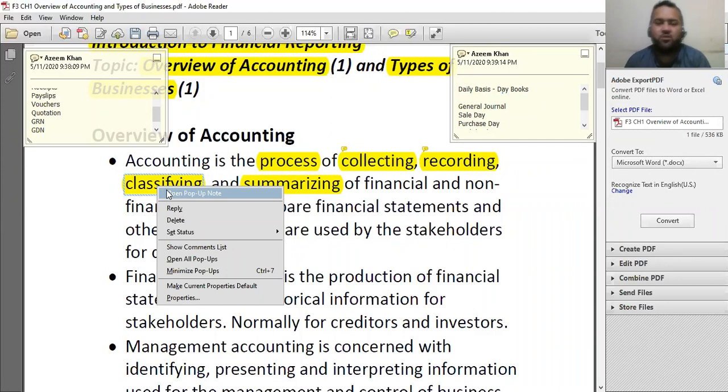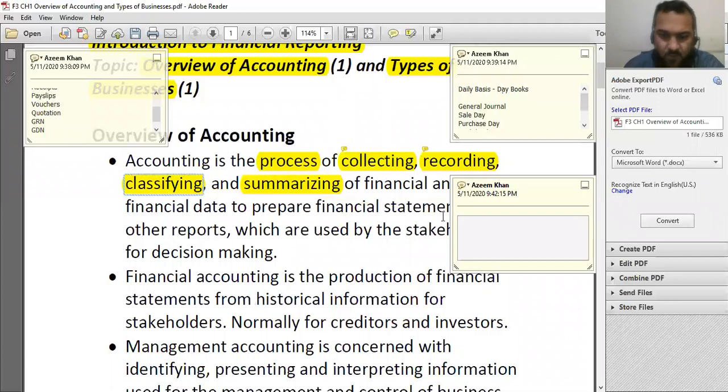Regarding receivables, for each and every item I will have a separate record, and this is called classification. Classification will be done through the ledger accounts.